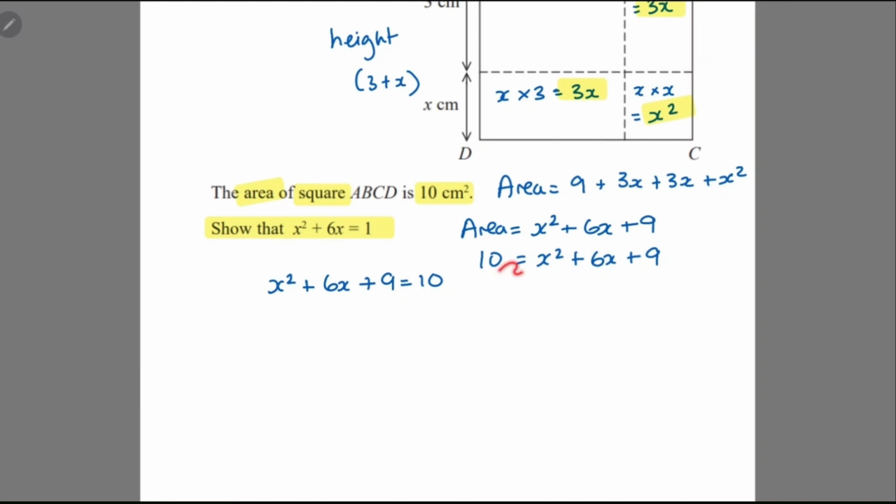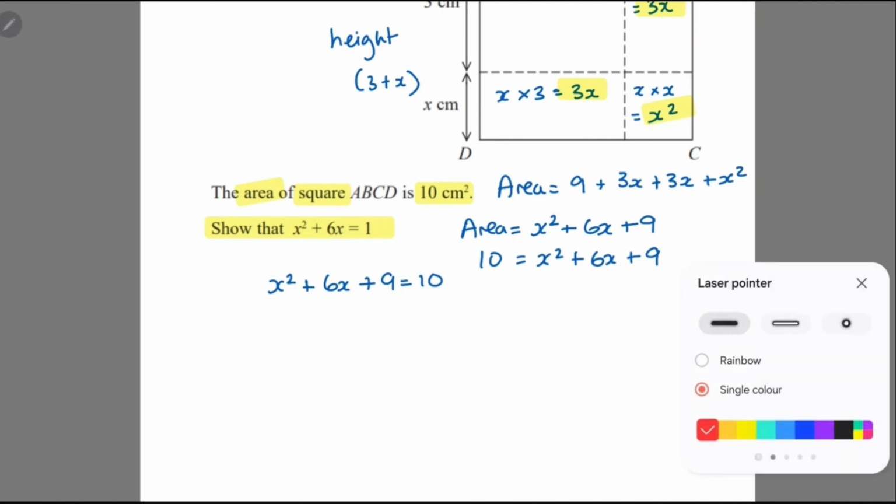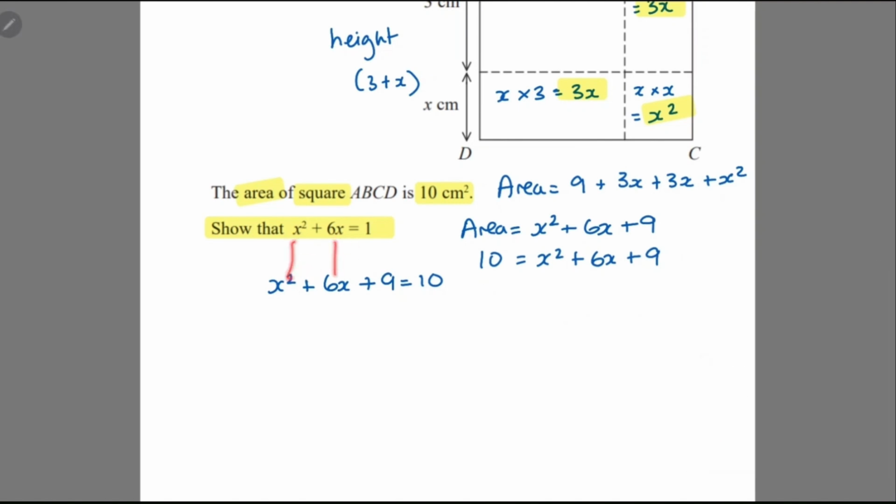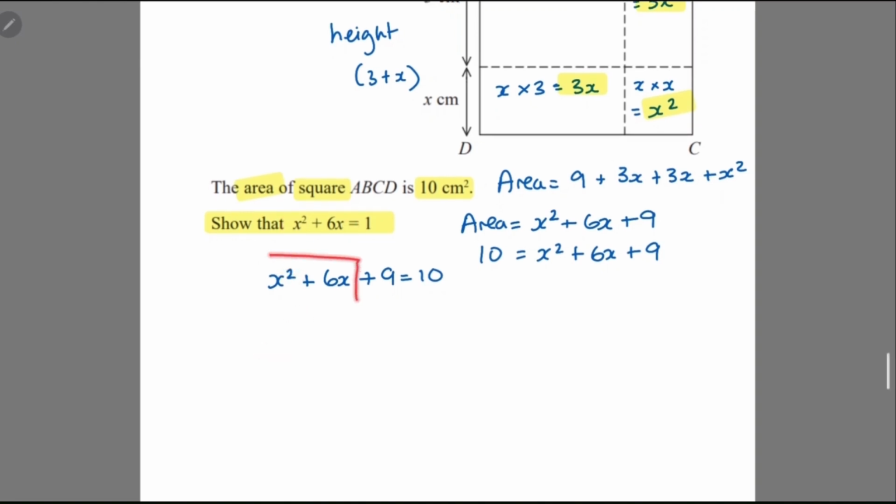I've simply moved the 10 from the left-hand side of the equation to the right-hand side, so I've just swapped the positions of the terms. Now, this is starting to look similar to this, except in the original equation, those are the only two things we have on the left-hand side. So we need to move this to the other side of the equation.